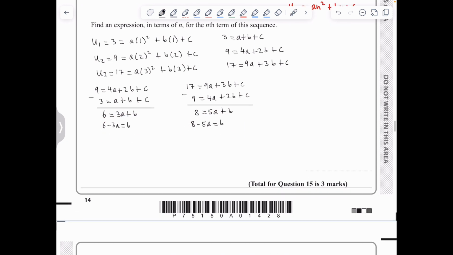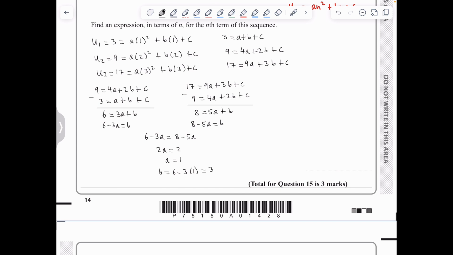So we're looking at 6 minus 3a is equal to 8 minus 5a, leading to 2a is equal to 2, and therefore a is 1. I will proceed in finding b. So b is 6 minus 3a, so 6 minus 3 times 1, which gives an answer of 3.